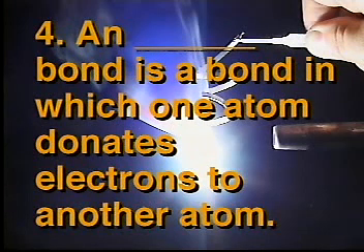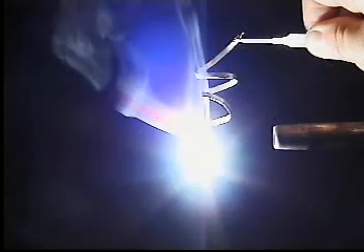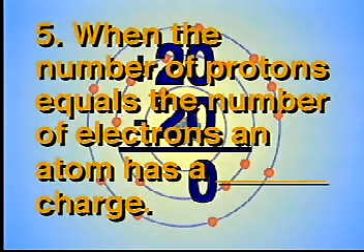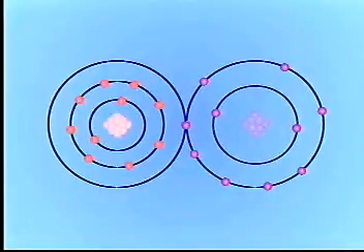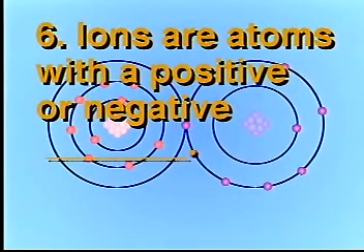Number 5. When the number of protons equals the number of electrons, an atom has a neutral charge. Number 6. Ions are atoms with a positive or negative charge.